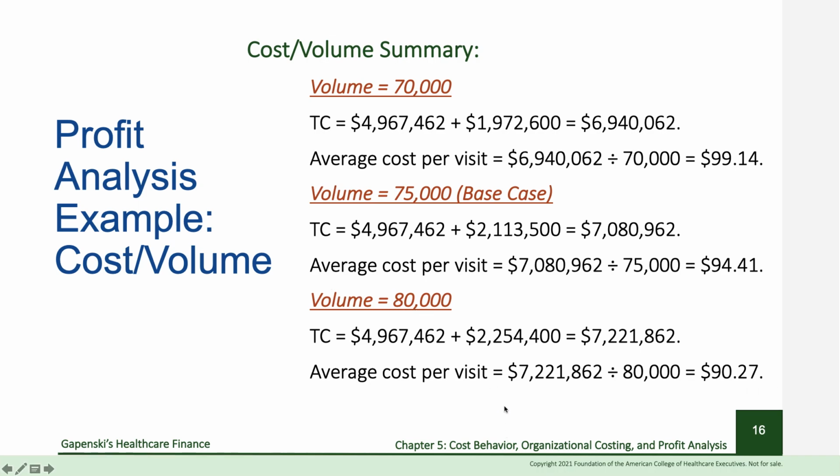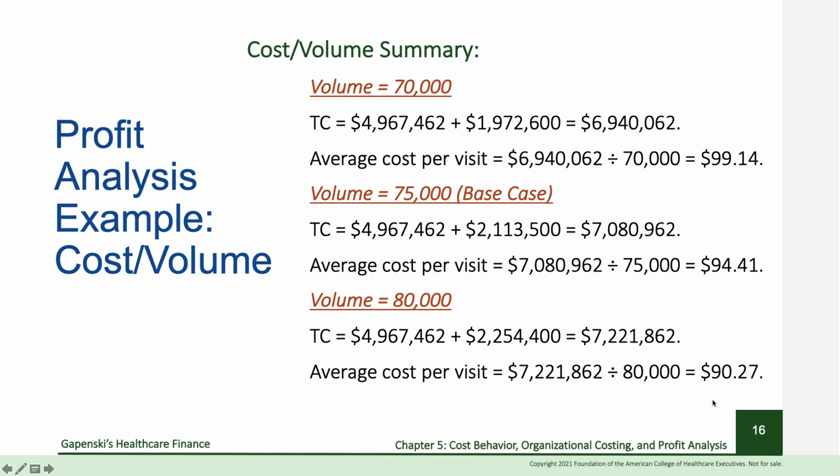So what we are saying is when your volume increases from 70,000 to 75,000 to 80,000, your average cost per visit actually decreases from $99 to $94 to $90. So you are spending less.